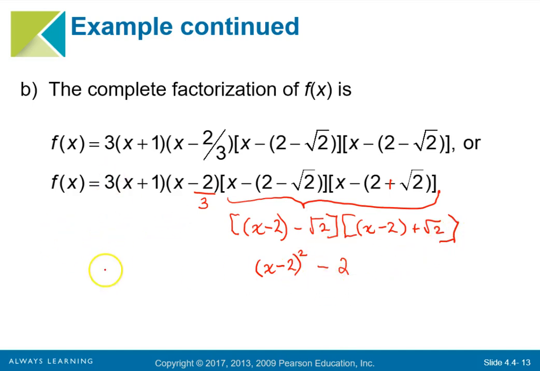All right, and again, at this point, I would bring everything down, x plus 1, and then I'd have x minus 2/3, and then we would expand this, I'd multiply these through, and ultimately we would come to our final answer, which would give us a degree of 4 in this case.